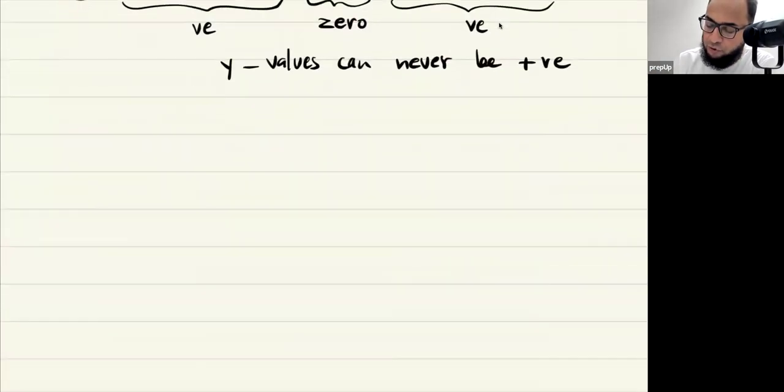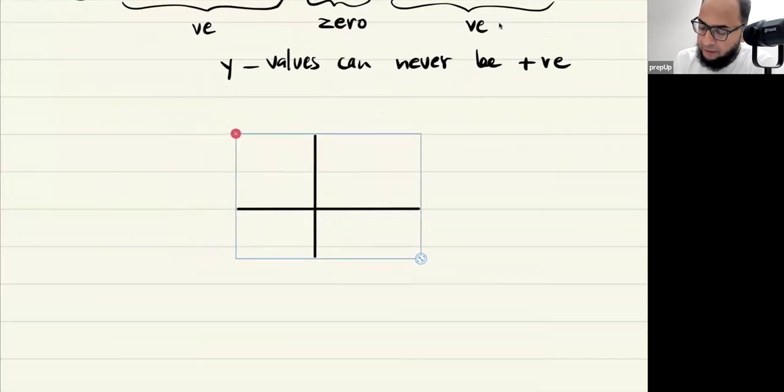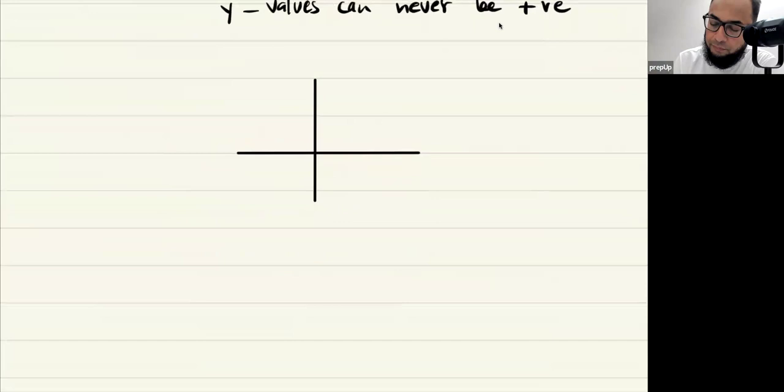Now when I have to draw this graph, it's upside down. So now let me choose a pink color from here. Now the graph is like this, just the basic shape. And this goes like this.